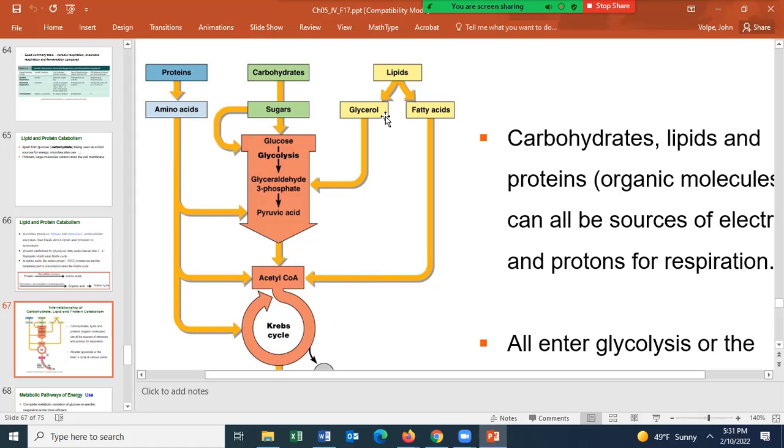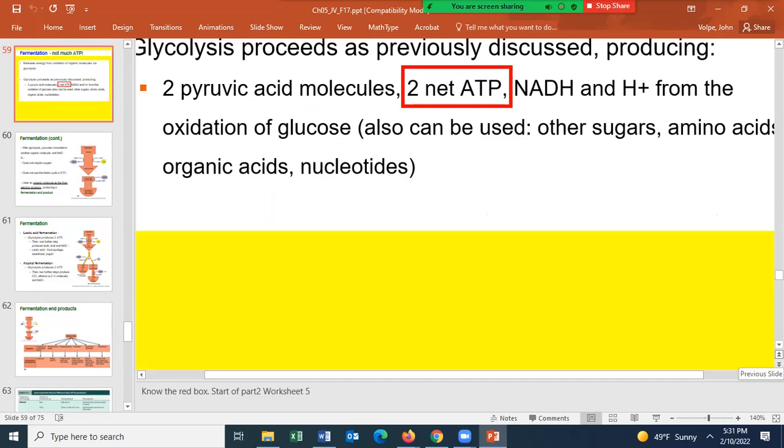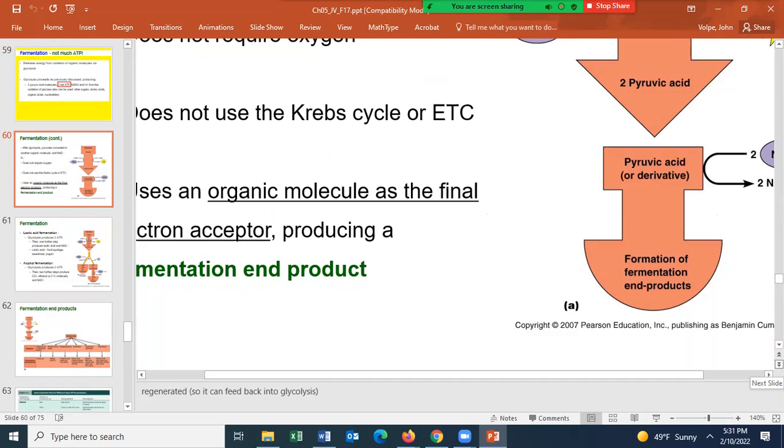The glycerol is converted into a carbohydrate of glycolysis, and then the glycerol enters glycolysis the normal way. And then the end product is we go through aerobic respiration, generating ATP, regardless of what food molecule we started with.